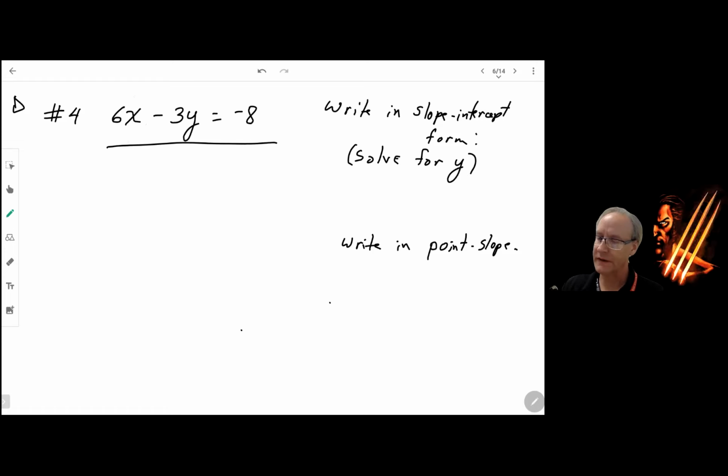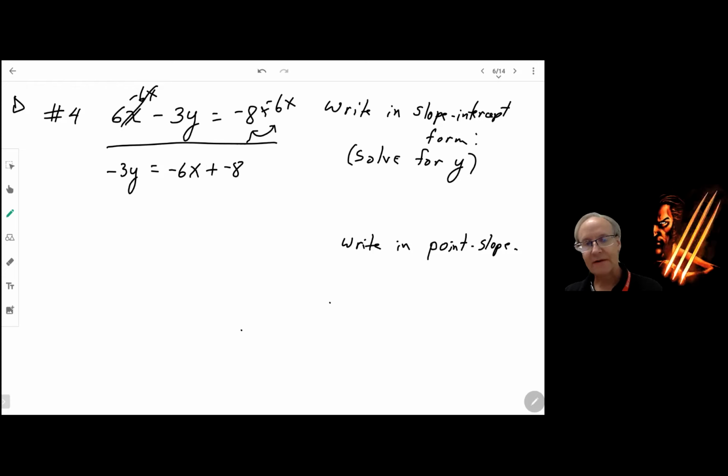We subtract 6x from both sides, and we get -3y is equal to, I'm going to go ahead and switch these positions. This is really plus a -6x, so you can switch the position, -6x plus -8, or just -8, it doesn't matter.